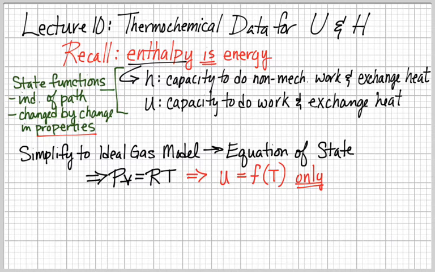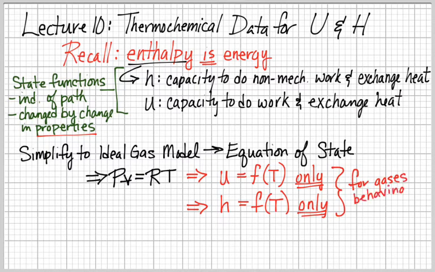U is only a function of temperature. So if the pressure changes, but the temperature does not, in an ideal gas scenario, the internal energy does not change. Okay? Similarly, H, the molar enthalpy, is also a function of temperature only. So keep in mind that this ideal gas behavior being only a function of temperature is expressed in the equation of state.